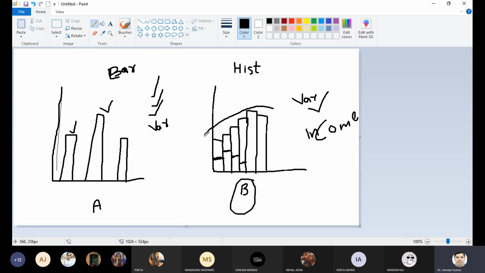This entire data is about income, but in different age groups. Since it is the same data, all the bars are representing income. That is why we can touch these bars together. So that's the basic difference.